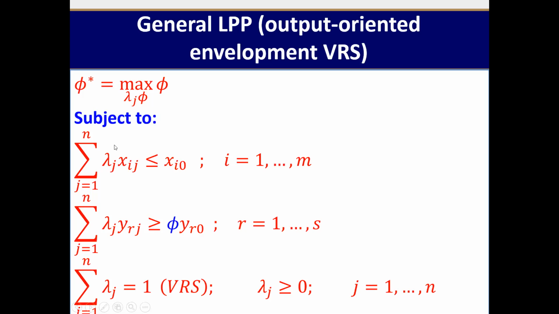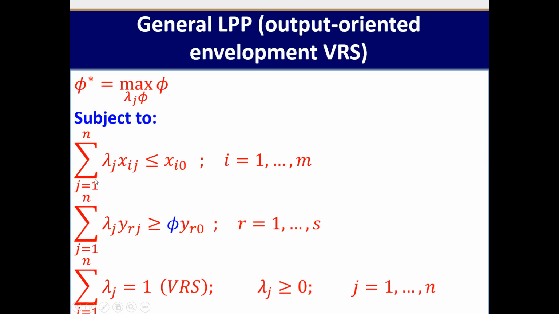The imaginary firm's input must be less. Now, if somebody's input is less than your input, then it means that you are efficient or inefficient? Inefficient. Exactly. It means that you are inefficient.